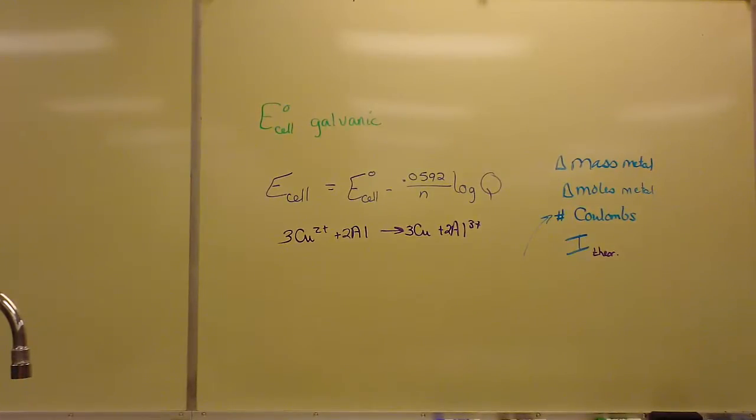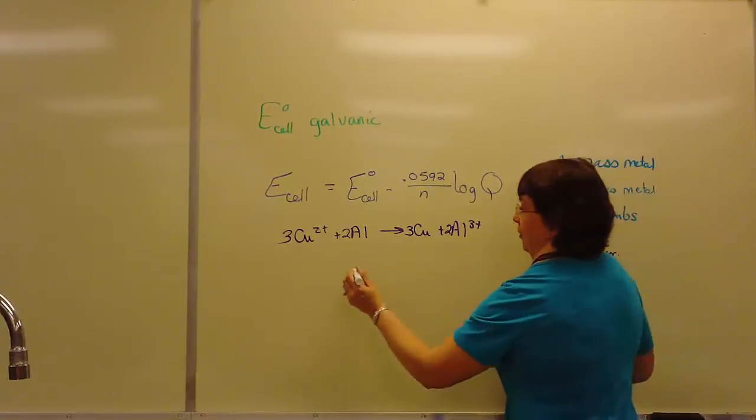Which is where you multiplied one by 3 and the other by 2, correct? Yeah. Then you add them together. That's how we get a balanced equation. Alrighty? Okay. What's n for this particular reaction, by the way? 6. This is how many electrons are moving in that equation now? 6? Yeah.